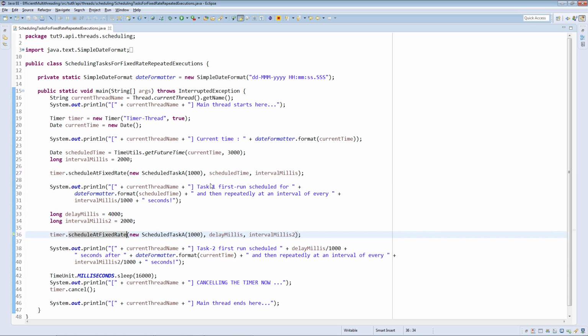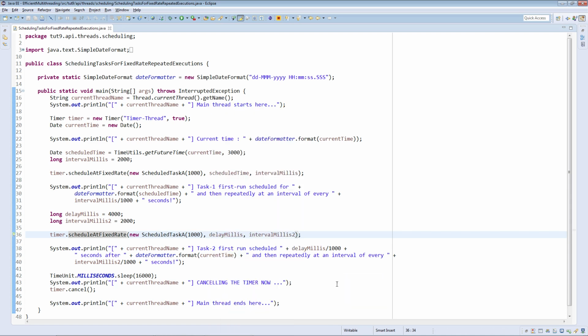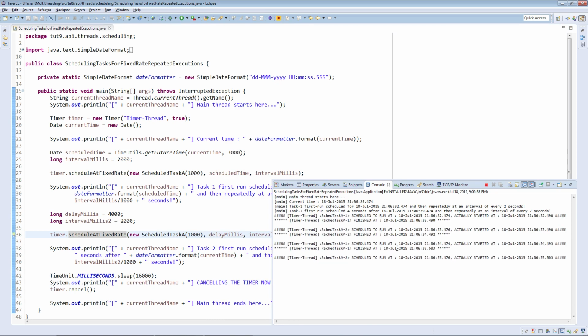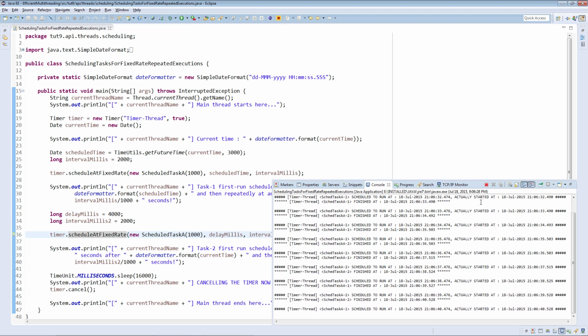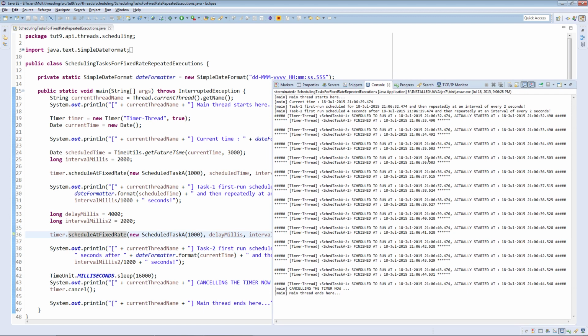Let us run this class now. We see that the scheduled start times of both the task streams is exactly 2 seconds apart for two adjacent executions. For the first task, the first scheduled execution time was 21:06 and 32.474 seconds.